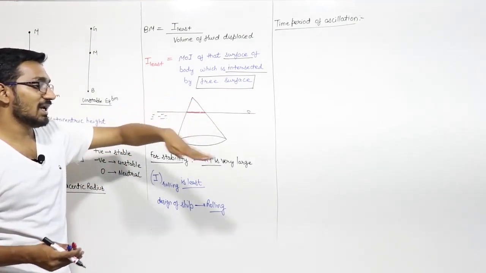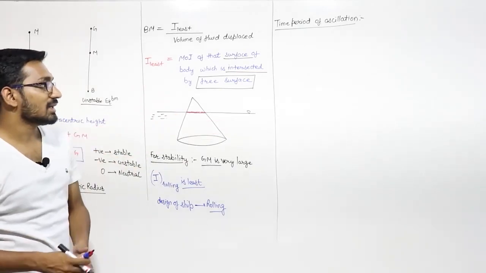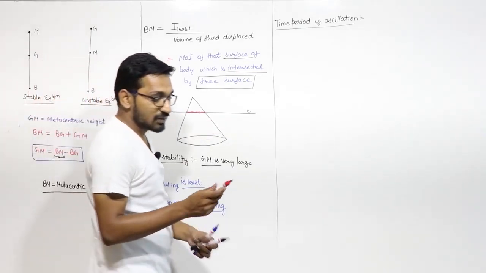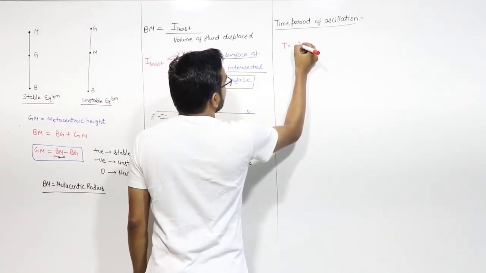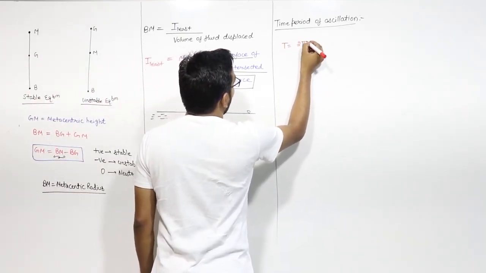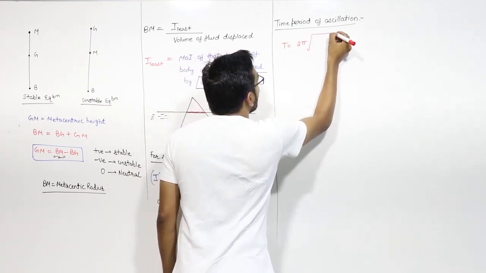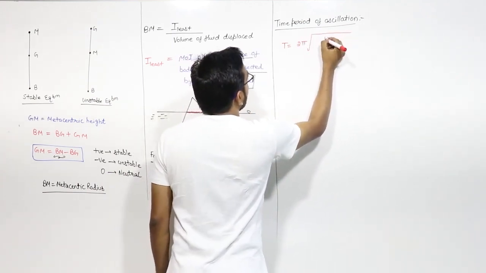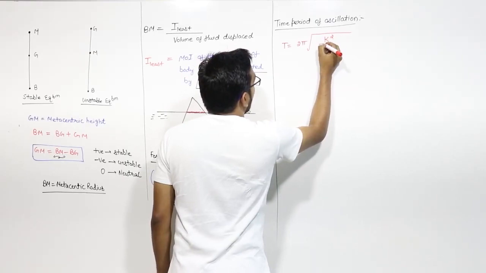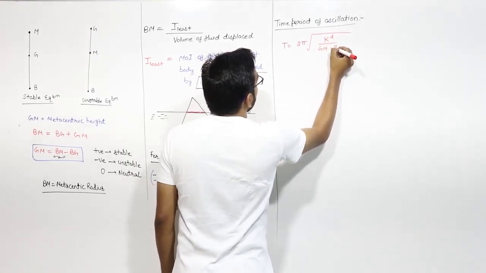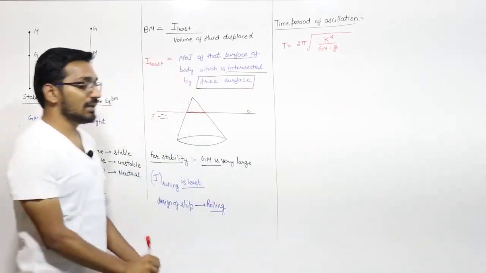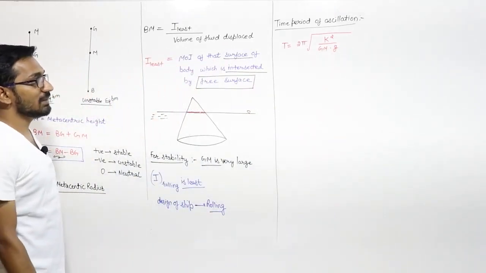So we want to find the time period of that oscillation. The time period of oscillation will be equal to, I am just writing the formula, 2 pi under root k square upon GM, metacentric height, into g. 2 pi under root k square upon GM into g.